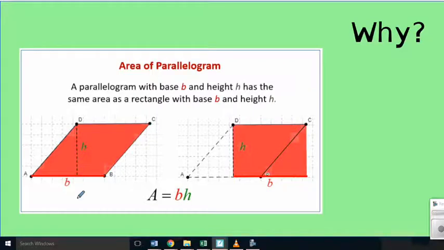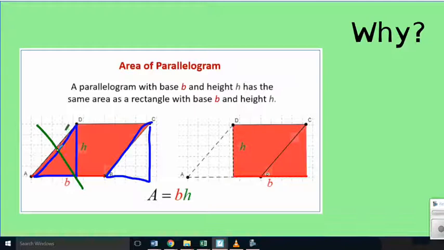So imagine you're just chopping off this part of your parallelogram, this triangle bit here. You're chopping it off, okay? So it's disappeared from here, look. Imagine you picking that up and putting it over here, okay? Look what you've made.